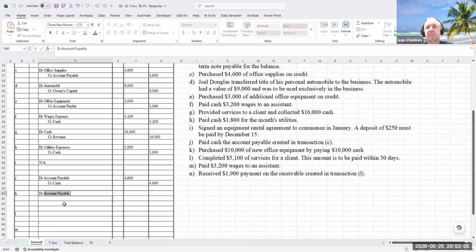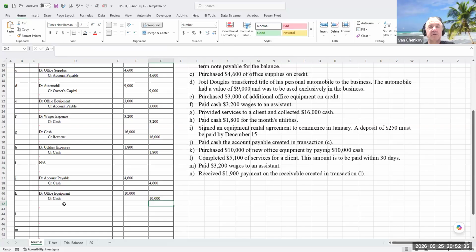What does the business get? Office equipment, right? For $10,000. And what does the business not have now? Credit, cash.